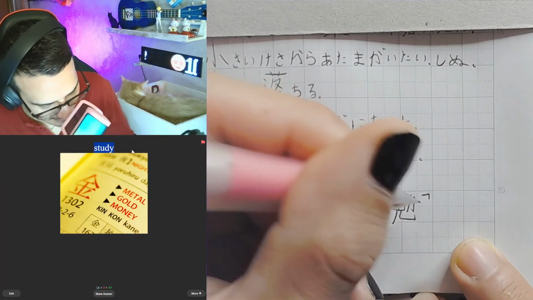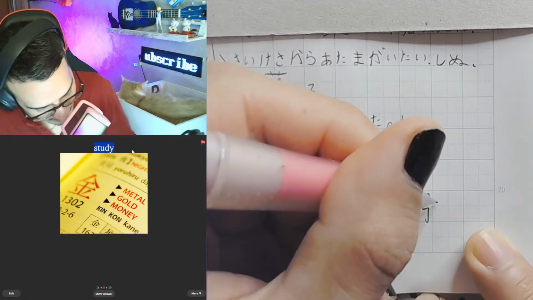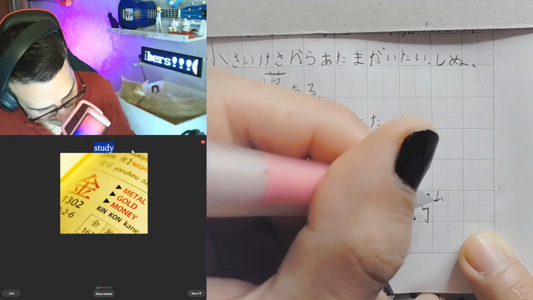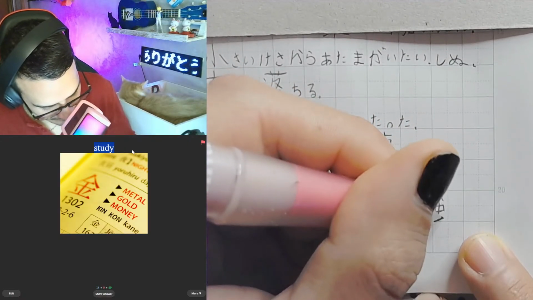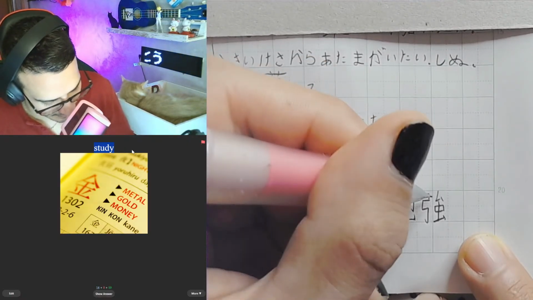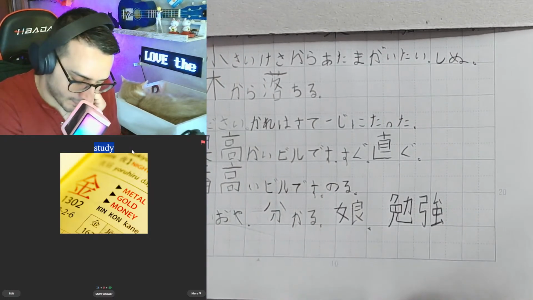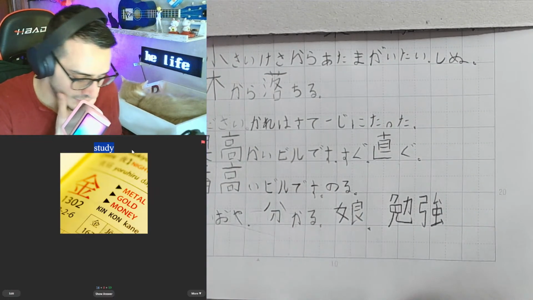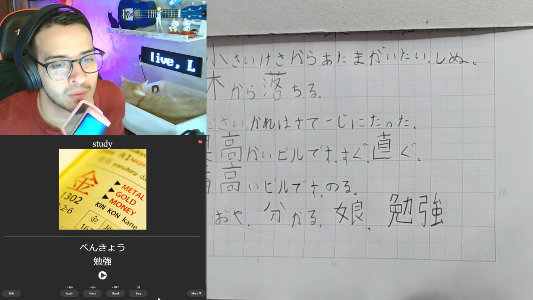Instead, he likes using his bow to kill mushi, bugs. Don't forget the katakana mu on the top. For bugs, for mushi. 勉強, easy.